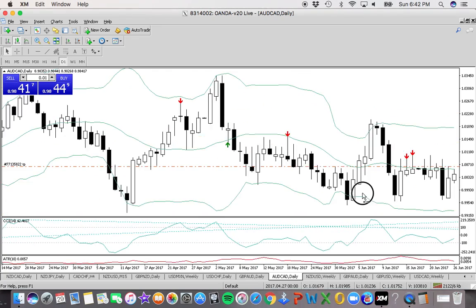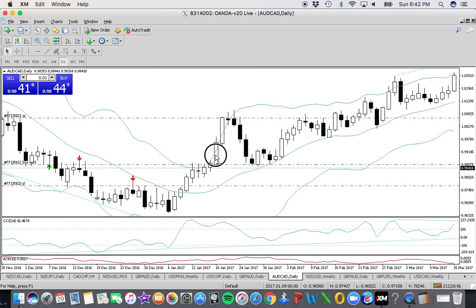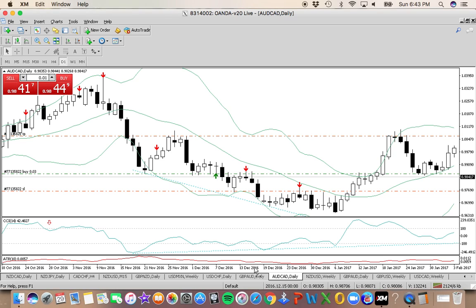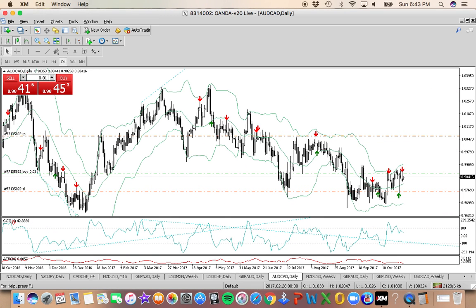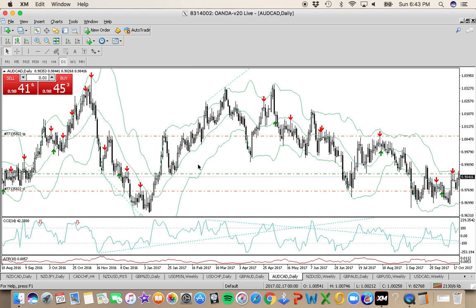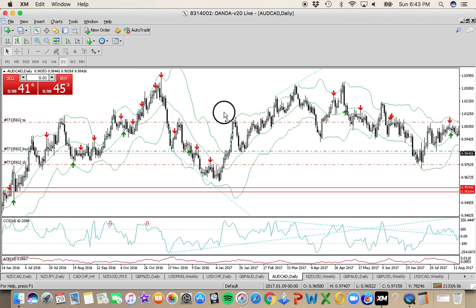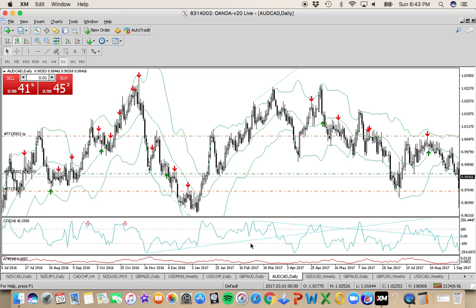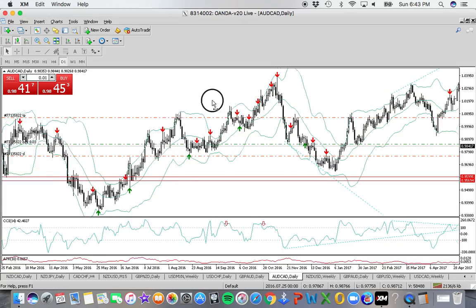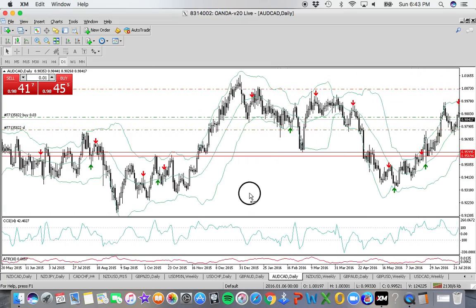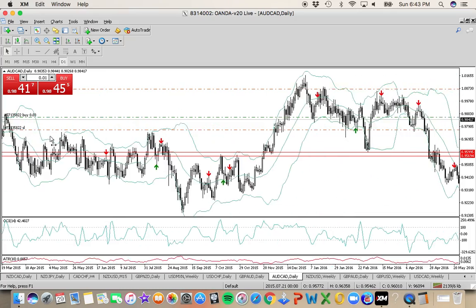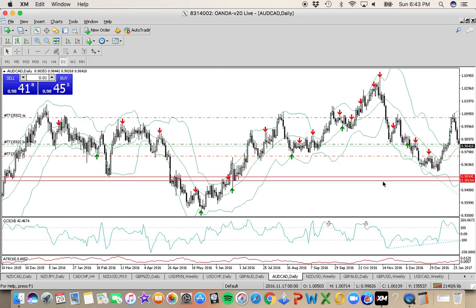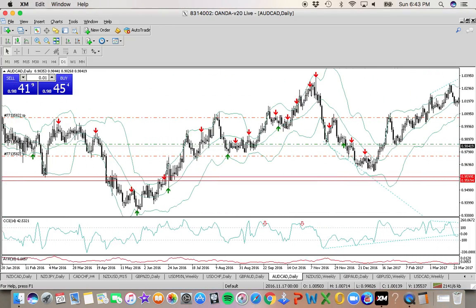But back to that divergence. Let's see if we could have found an entry on that. So we're right here.